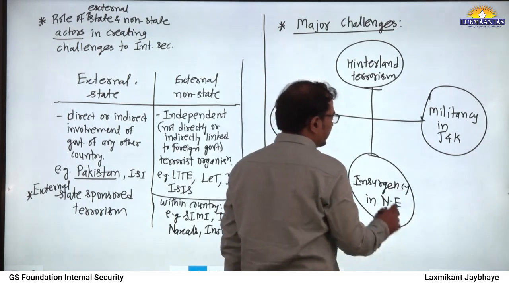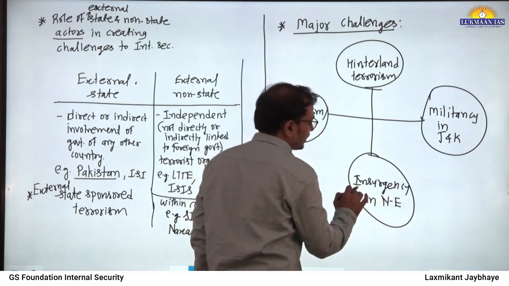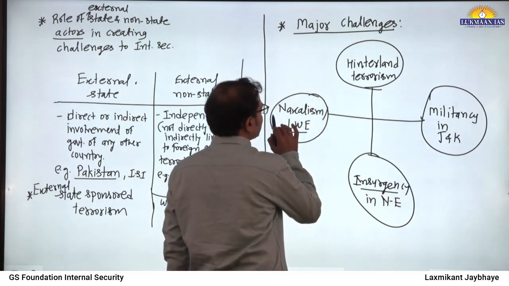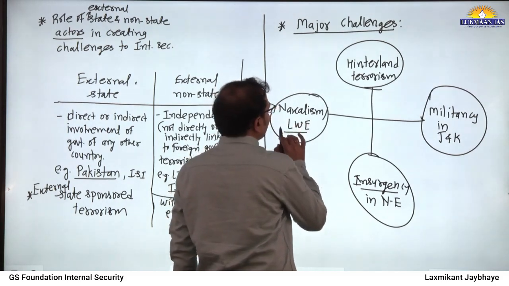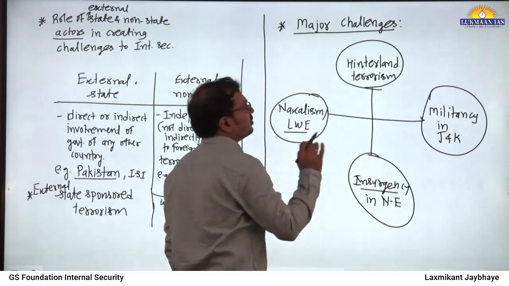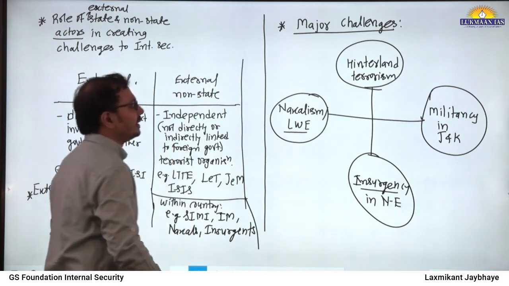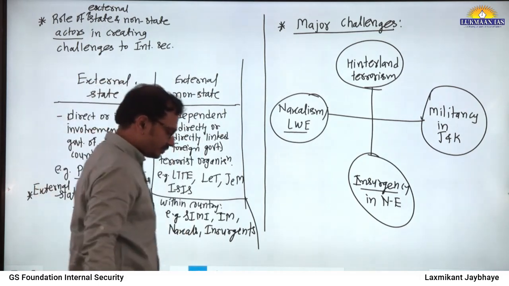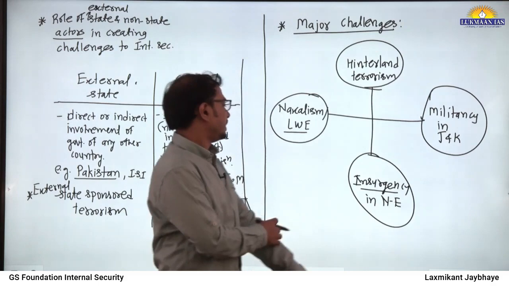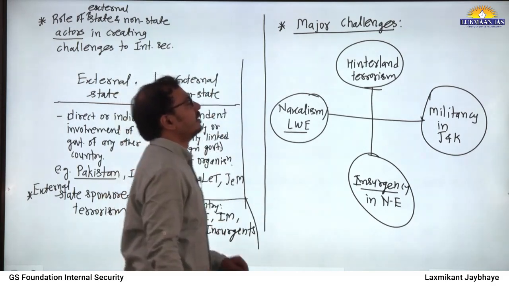Now these terminologies, many a times students do not understand what is the difference between insurgency and left wing extremism, or simply terrorism, militancy. What is the difference? Naxalism. Let's understand the difference here.